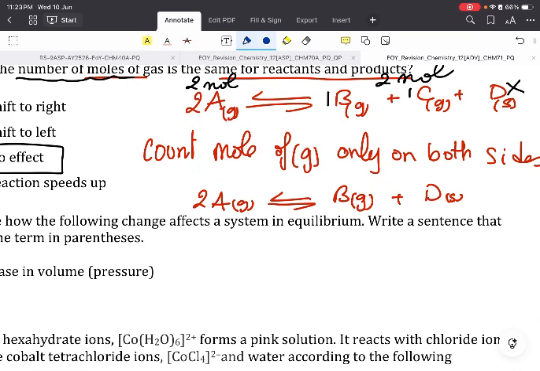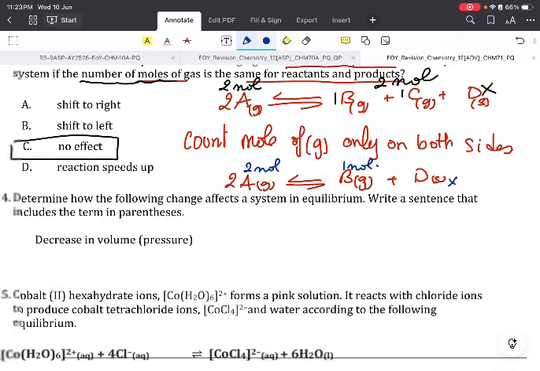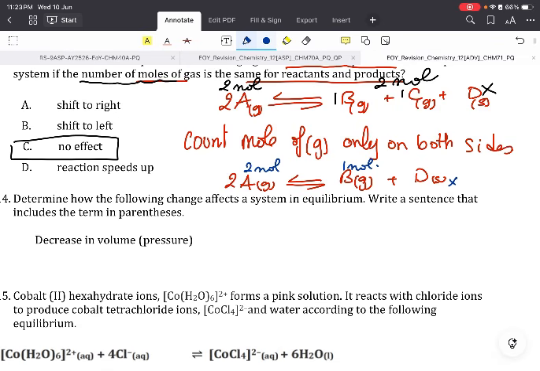So on this side I have 2 moles of gas, and of course the solid I'm not gonna count it, and I have 1 mole. So any change in the pressure is going to affect the equilibrium, and the equilibrium is going to shift in the direction that relieves the stress.